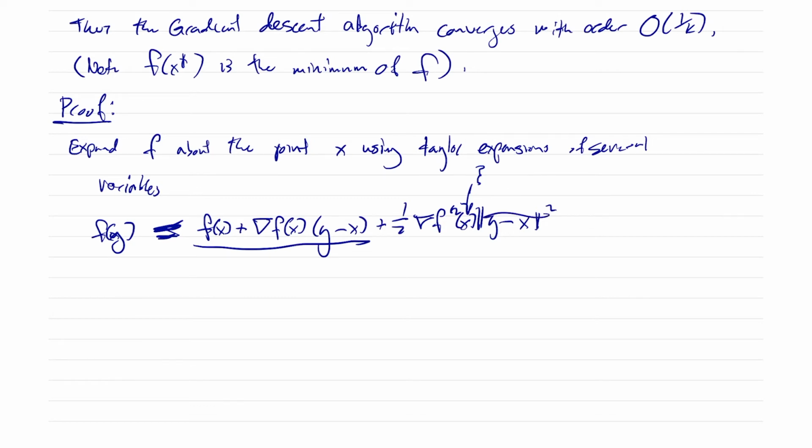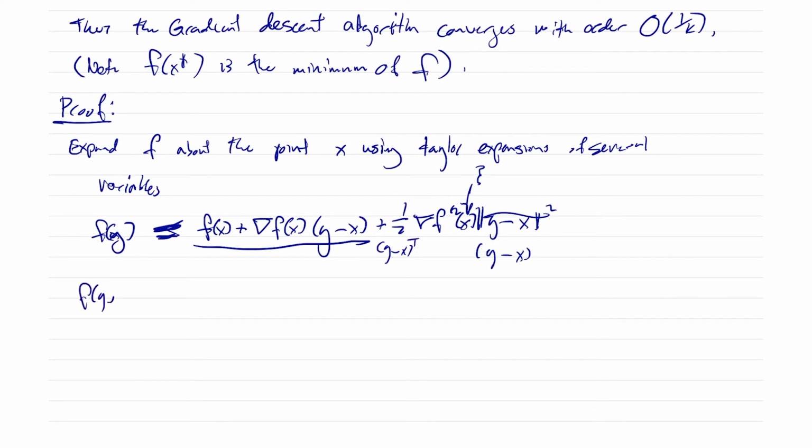But in this case you'd have y minus x transpose on this side and y minus x on this side, and this is the Hessian, which is a matrix of all the second order partial derivatives of f. So anyway, what we can do is replace this first by the magnitude here, which will make this strictly larger.